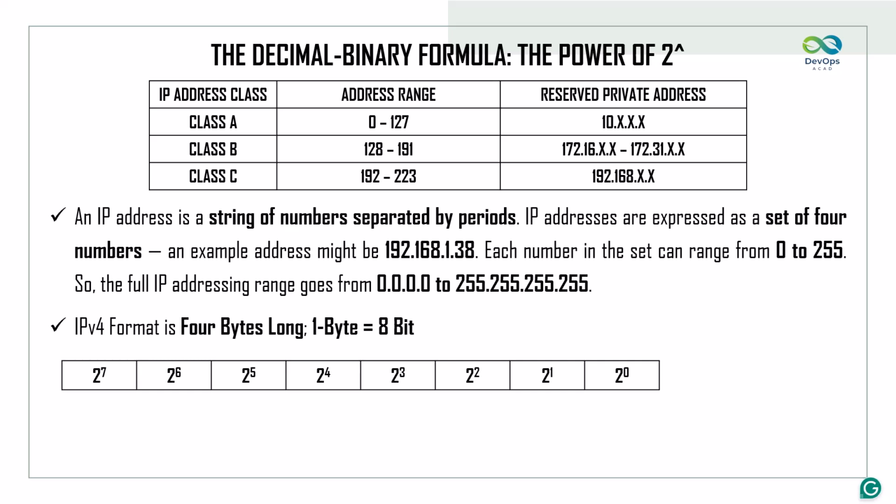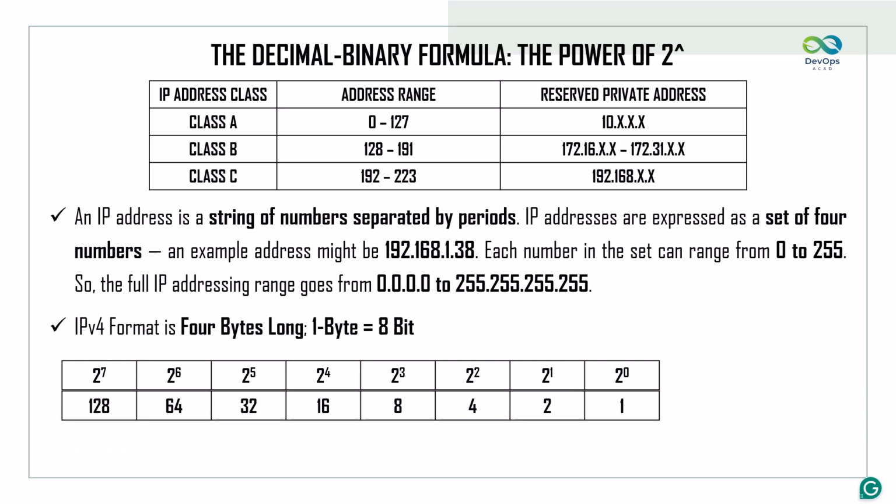Okay, and then if you do the math, you discover that you have 1, 2, 4, 8, 16, 32, 64, up to 128. Now, if you add all of these numbers together, 128 plus 64 plus 32 plus 16 plus 8 plus 4 plus 2 plus 1, what are you going to get?